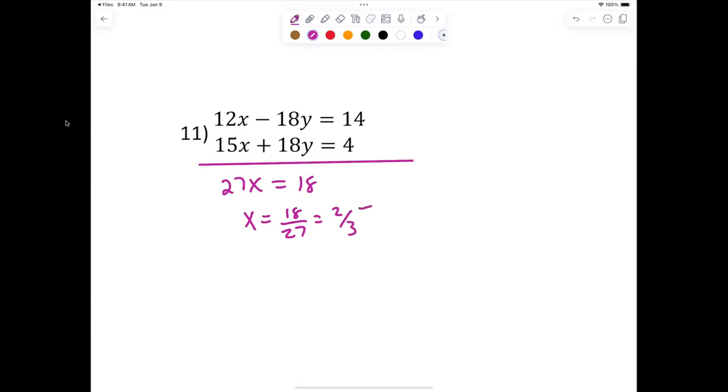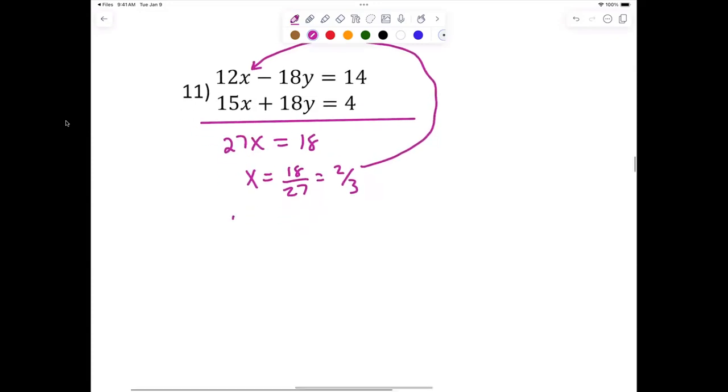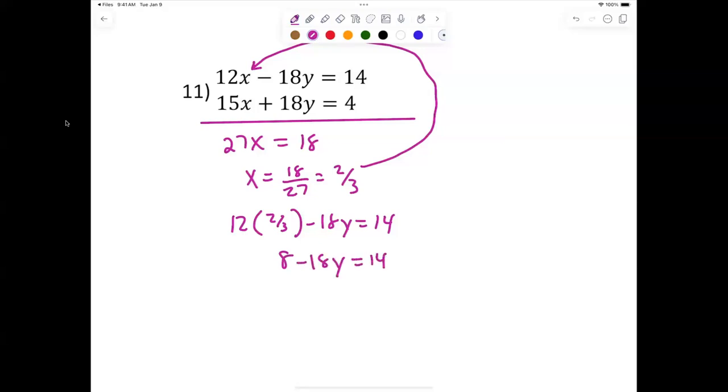Now, if x is 2/3, I come up here and I plug 2/3 in for x. So 12 times 2/3 minus 18y equals 14. Now, everybody, of course, should know what's 12 times 2/3, all right? But if you don't, you can type it in on your calculator, but you should know, obviously, that's 8. So 8 minus 18y equals 14.